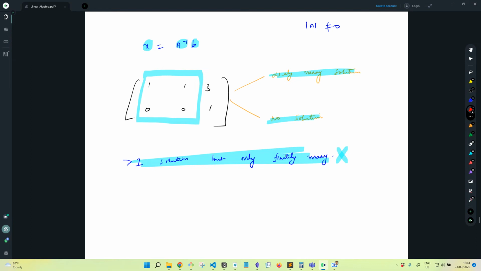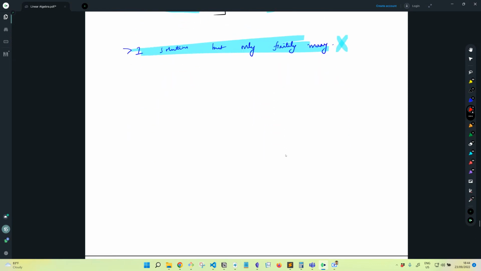Now to differentiate which matrix falls into which of these two cases, we need a concept called rank. The formal definition of rank comes from eigenvalues, but here I don't want to get into that. For those of you who remember eigenvalues, the formal definition of rank is the number of non-zero eigenvalues.